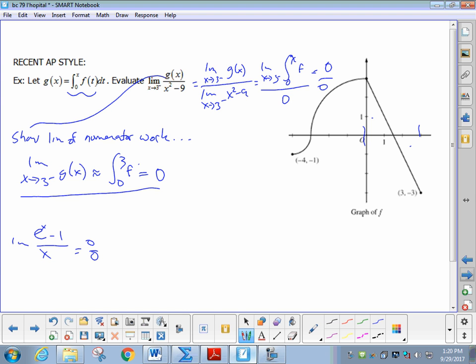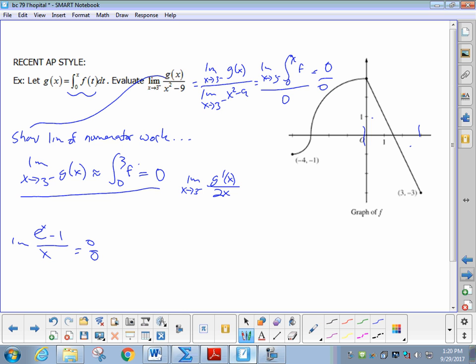You with me? All right, now you've determined it's a L'Hopital case. Now you crank out your L'Hopital. So you might communicate, I'm using L'Hopital, which means G prime over 2x. Just like in these problems, you can't just go straight from G prime to the answer.